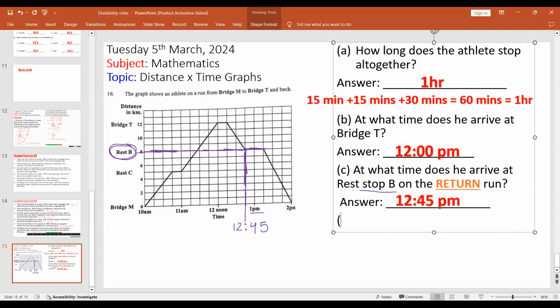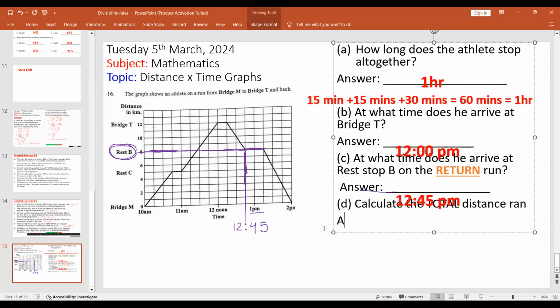Now, D. Calculate the total distance ran.